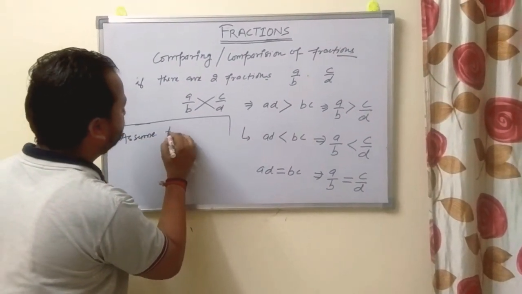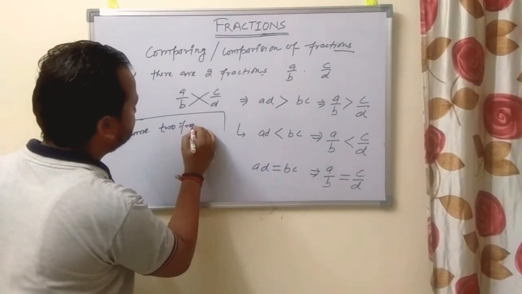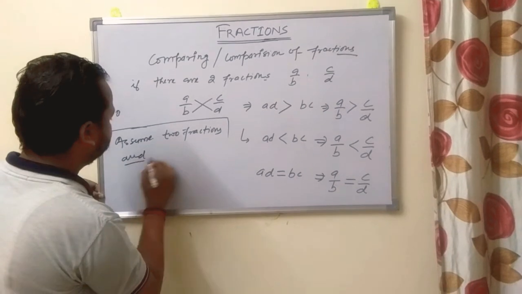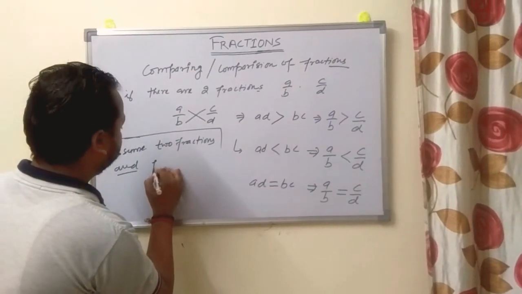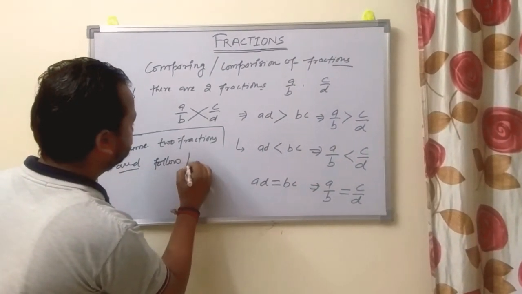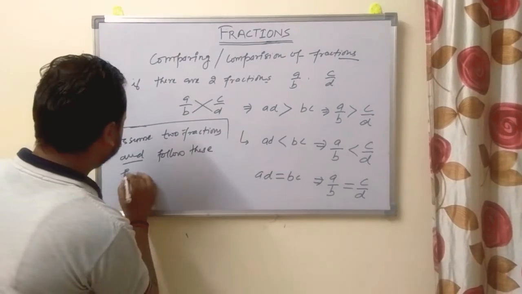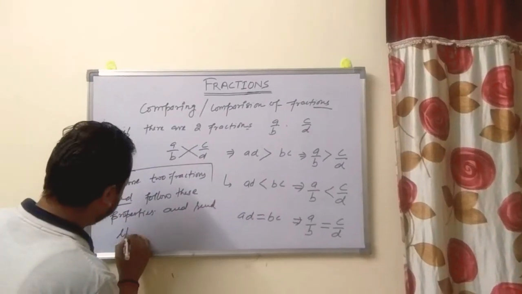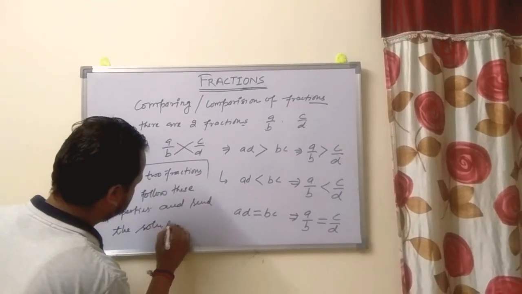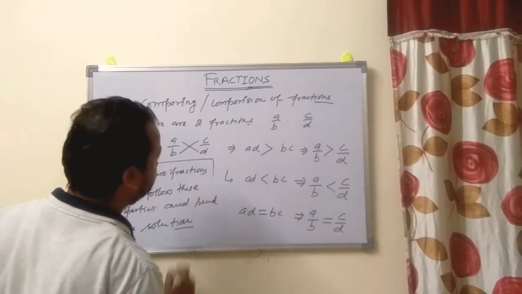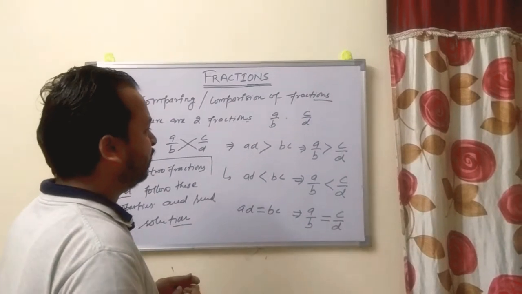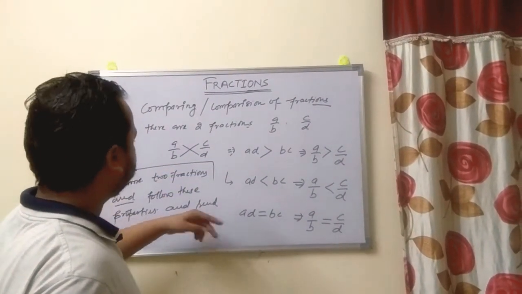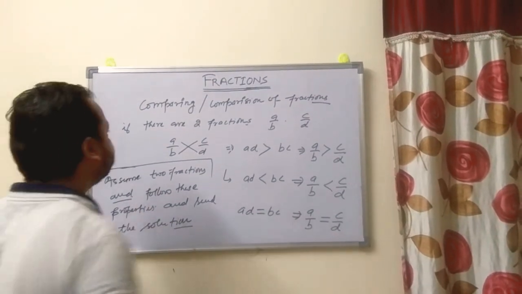Assume two fractions and follow these properties, send the solution. It means you have to prove these properties by assuming two fractions, right?